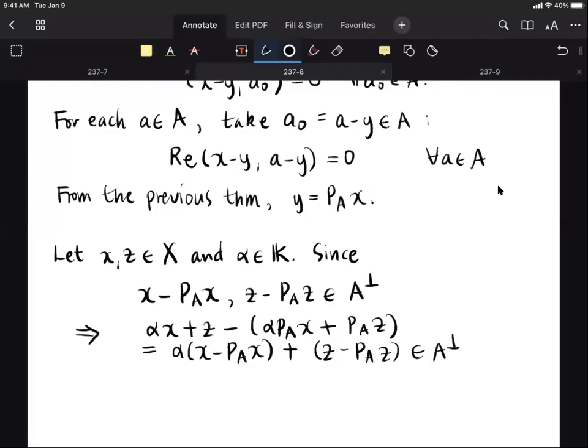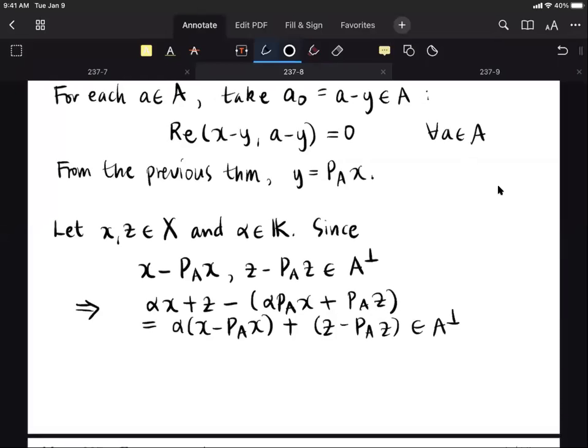Since this difference is in the orthogonal complement, this implies that this must be the projection of this linear combination in A, according to the first part.